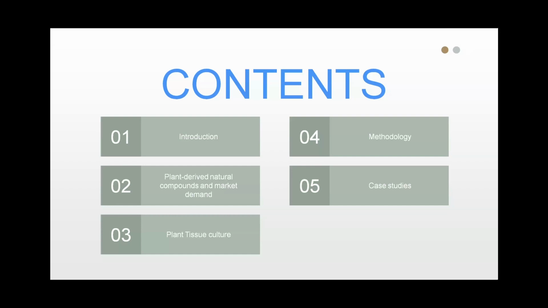Then what are the requirements to start the plant tissue culture, what are the benefits of producing these compounds using tissue culture, and then I have tried to give some case studies and the work I have done during my past experiences or job, and then finally the conclusion.